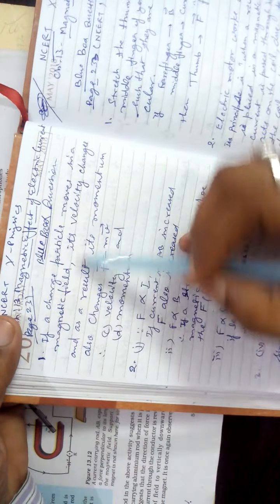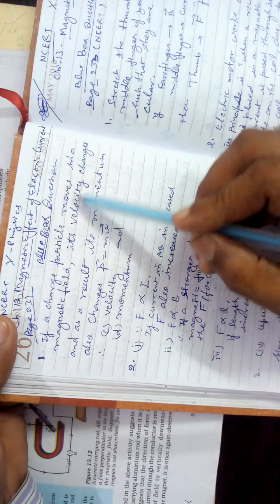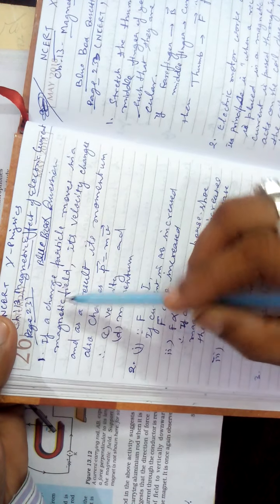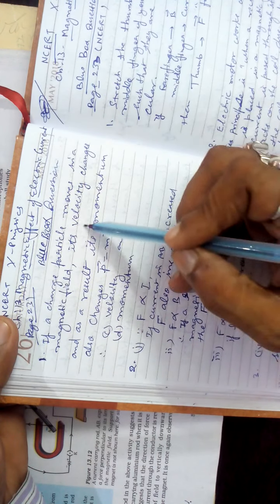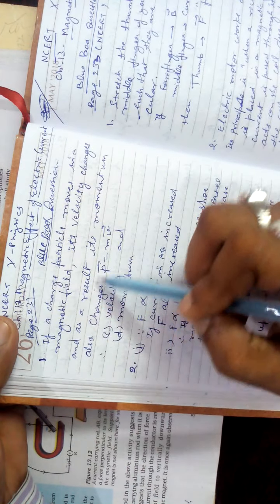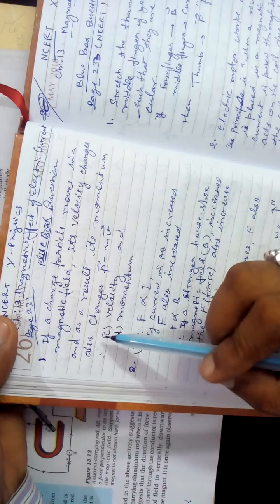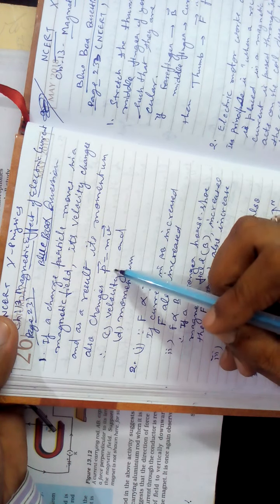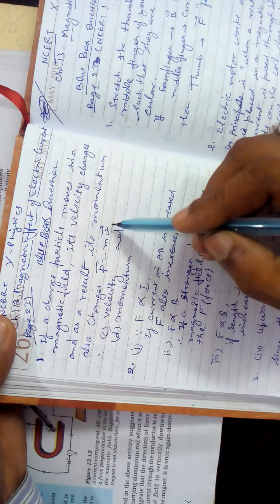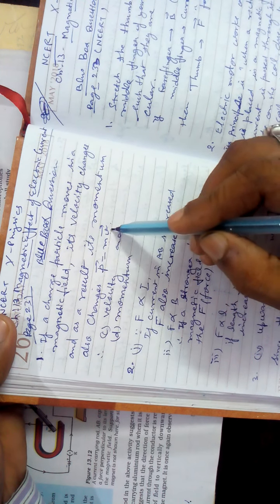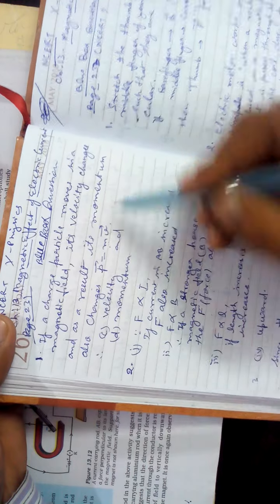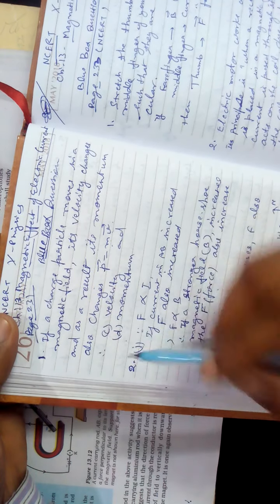When a charged particle moves in a magnetic field, its velocity changes, and as a result its momentum also changes, because momentum is equal to mass into velocity. So parts C and D are the correct answers.